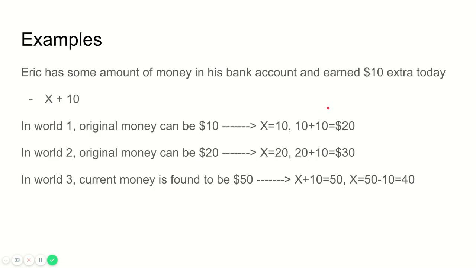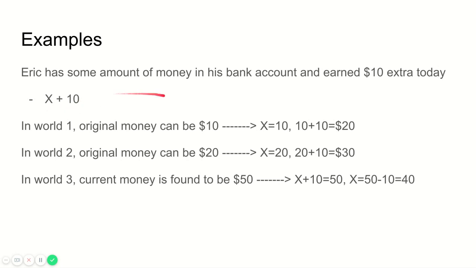Well, here's an example. Eric has some amount of money in his bank account and has earned an extra $10 today. So, since we don't know the amount of money in his bank originally, we can write the equation as x plus 10. And if we use 3 examples, we can see that in the first example, world 1, the original amount of money can be $10.